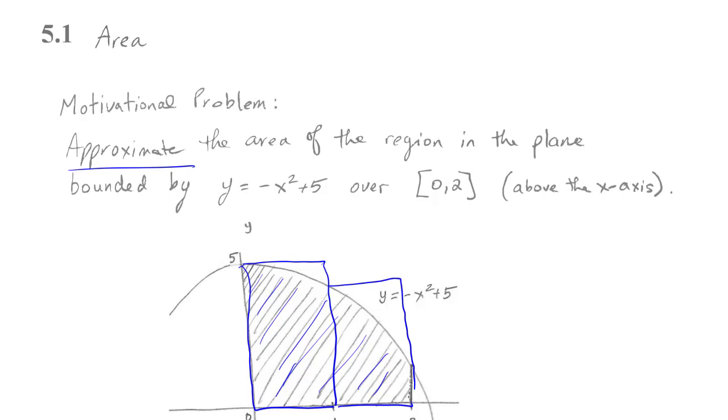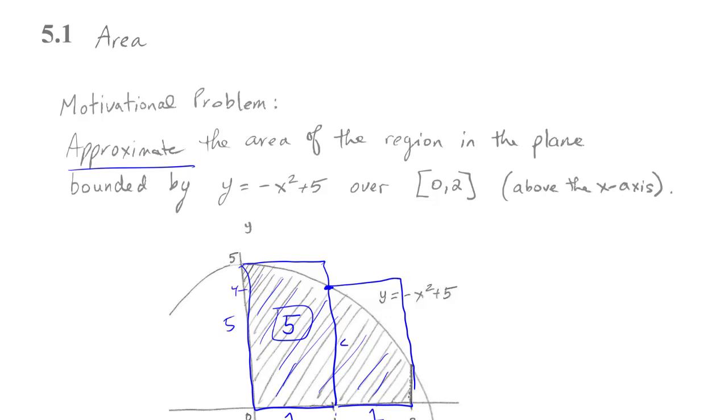In fact, this one has a base of 1 and a height of 5, so it has an area of 5. And this one has a base of 1, and where it intersects the function negative x squared plus 5 at x equals 1, the value is 4.